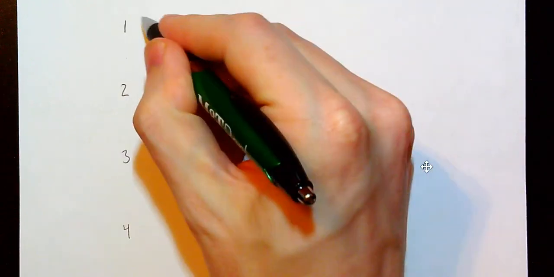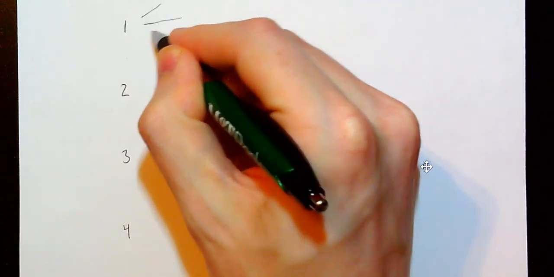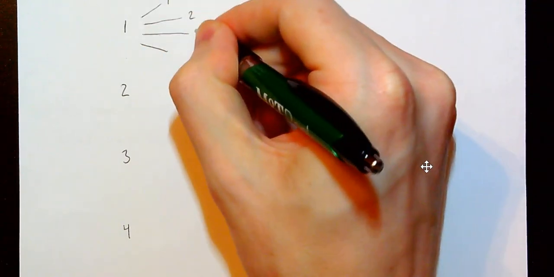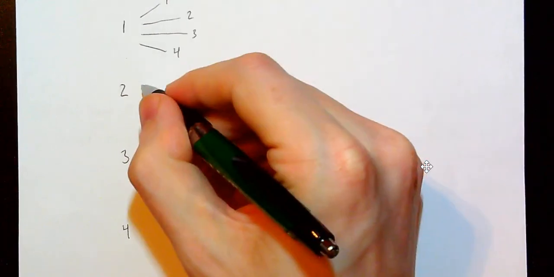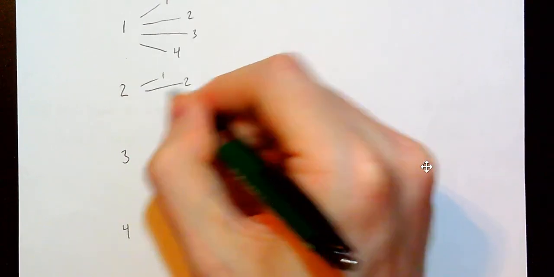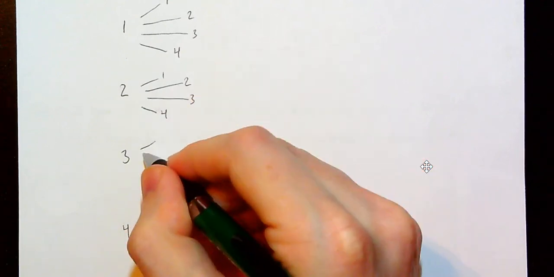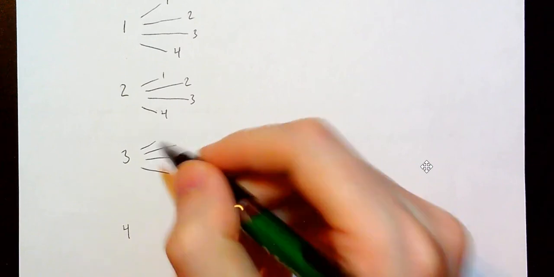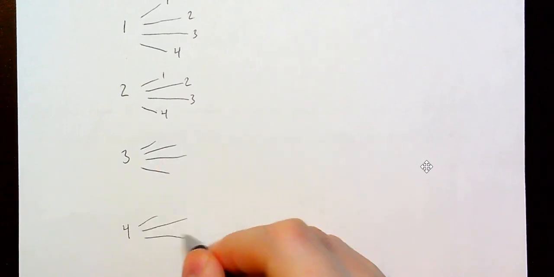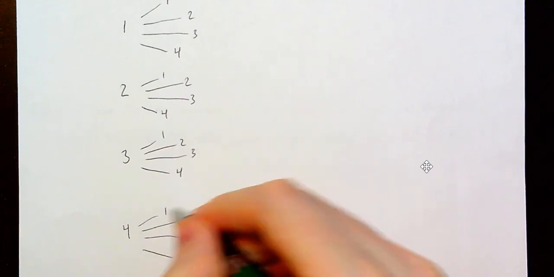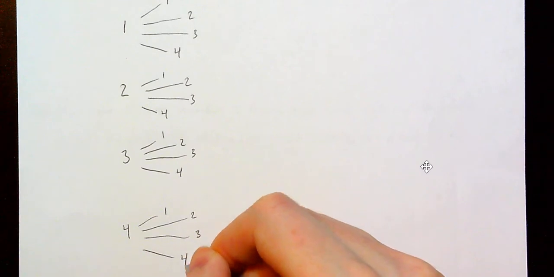And now from there, you have your second roll. You can roll a 1, a 2, a 3, or a 4.